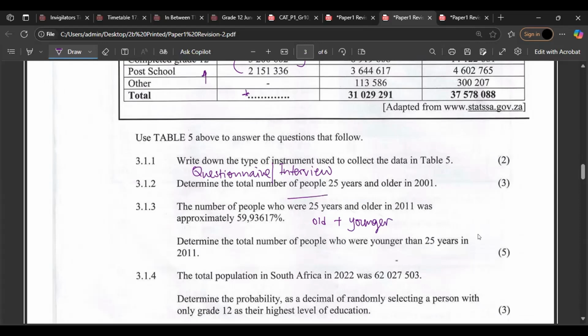If the older have taken this percentage, and this percentage, when you add it, it has to give us what? 100%. So what percentage is the younger? So what you're going to do, you say 100 minus 59. You understand? Subtract these two. I believe you end up having a 40.